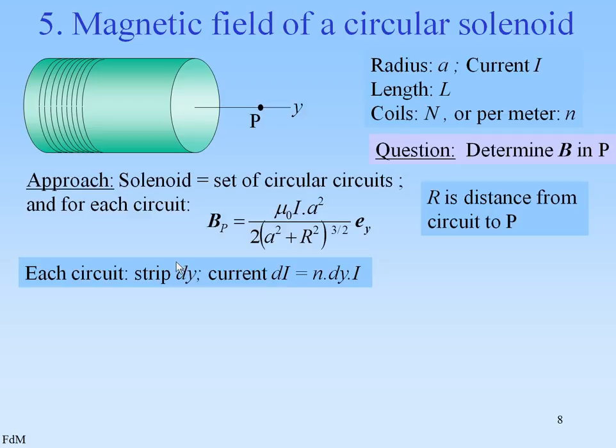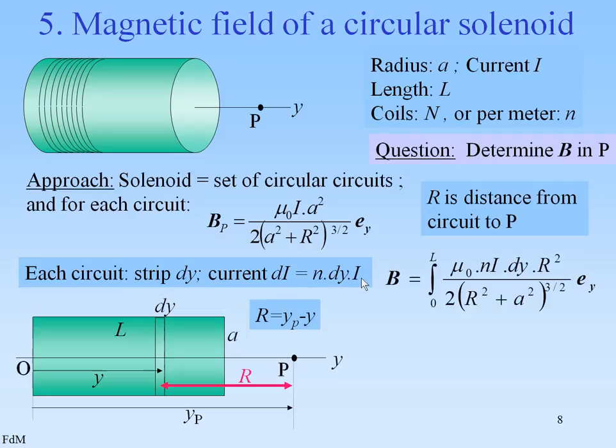We divide the whole circular solenoid in strips with width dy, and it means that each strip carries a current dI equal to n times dy times I. And when you insert that in the equation, we end up with mu naught times n times I times dy, that is the current element, times r squared, divided by 2 times the distance to the point P to the power 1.5.